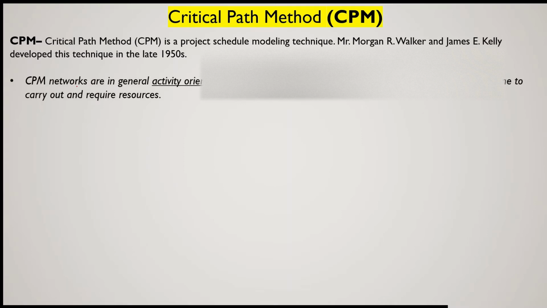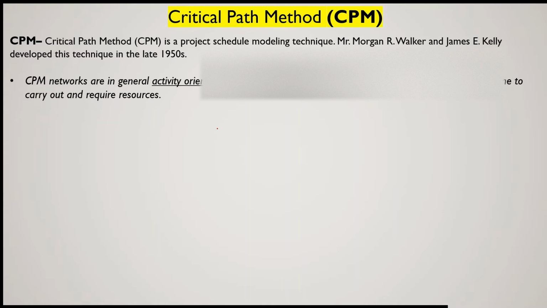So CPM networks are in general activity oriented. Earlier we have gone through the meaning of activity. That means an activity may be a part of a project or part of a job, because to solve or to plan any project, first of all we have to divide it into a number of smaller activities, and then later on we can develop a network.